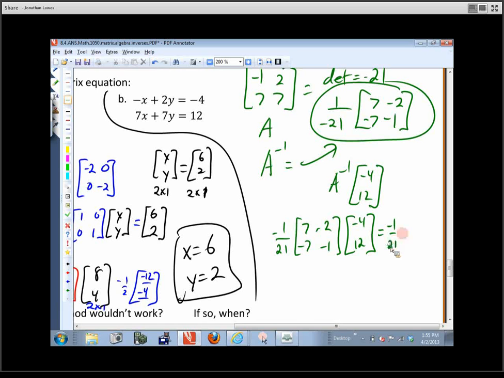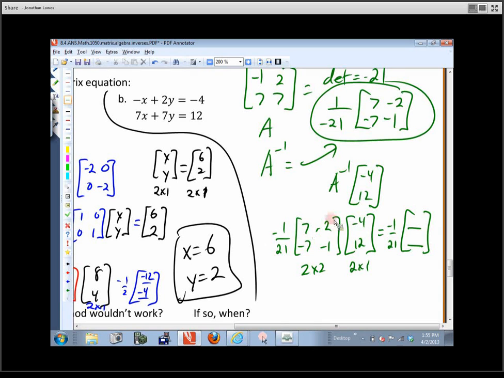I'm going to have -1 over 21 out front, but notice I've got a 2 by 2 times a 2 by 1. I'm going to get a 2 by 1. First row, first column. So I take the first row, multiply it by the first column. So if I do that, I end up with, well, let's see here.